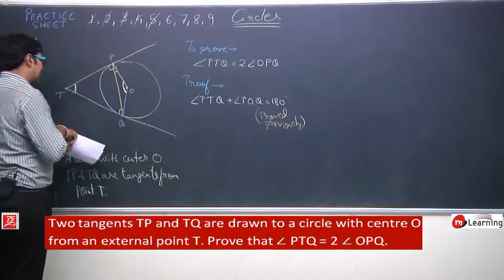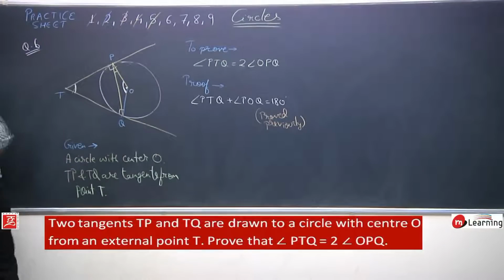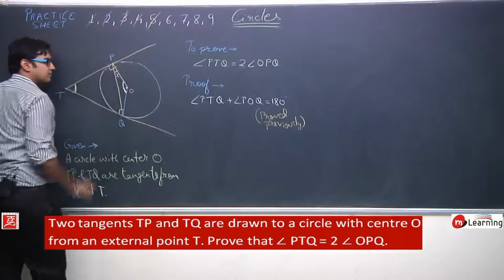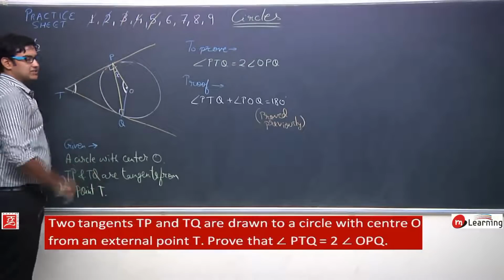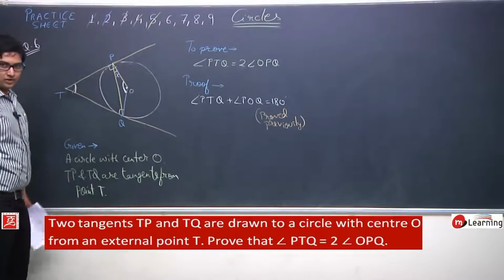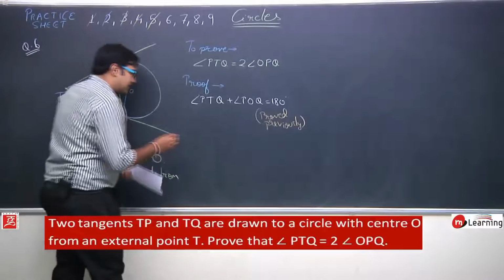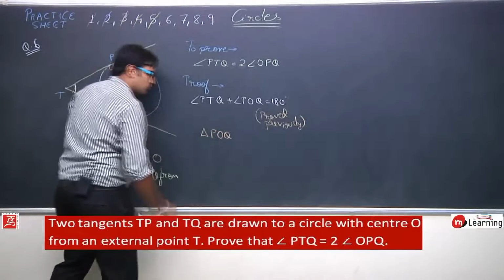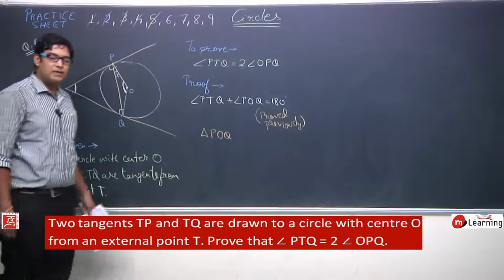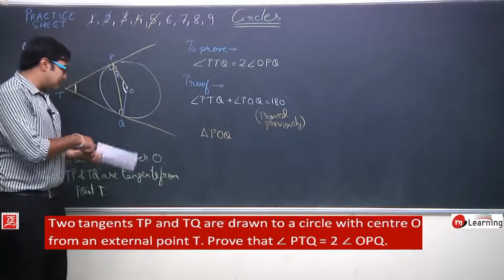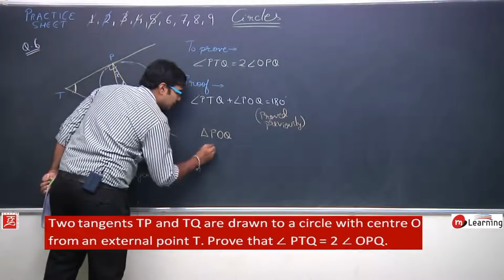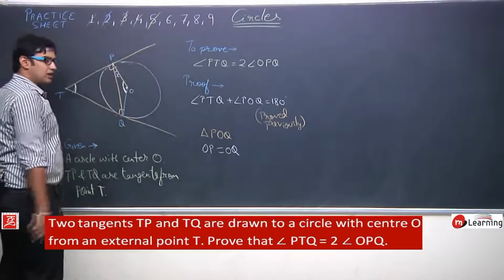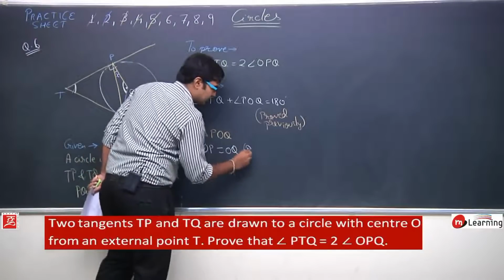Suppose this angle at P is x. Suppose this angle is x. Now, in triangle POQ, you can see that OP is equal to OQ. Why are OP and OQ equal? Because both are radii.